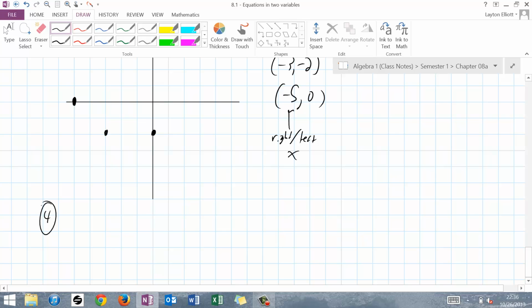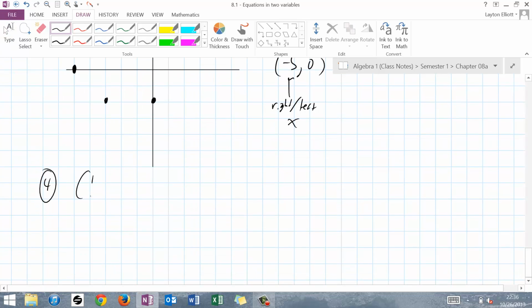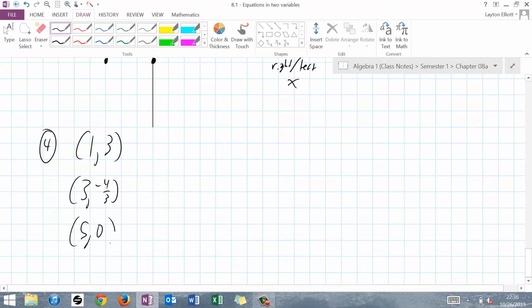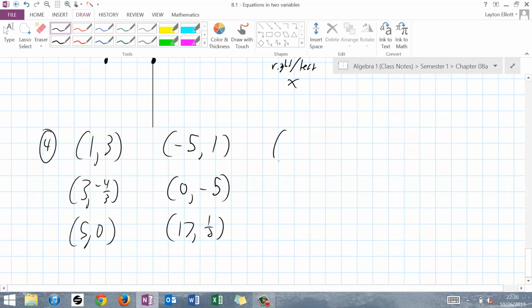As a last one, let's label these down a little bit. I'm going to put a ton of points down: (1, 3), (3, negative 4/3), (5, 0), (negative 5, 1), (0, negative 5), (17, 1/2), (0, 0), (negative 1, 1), and (0, 184).